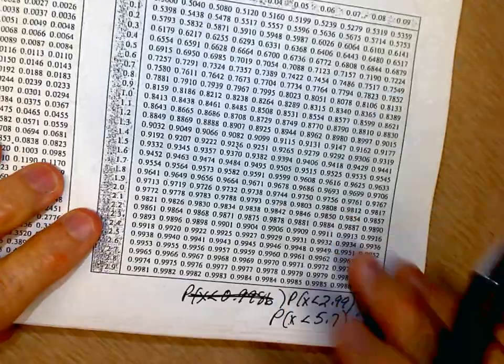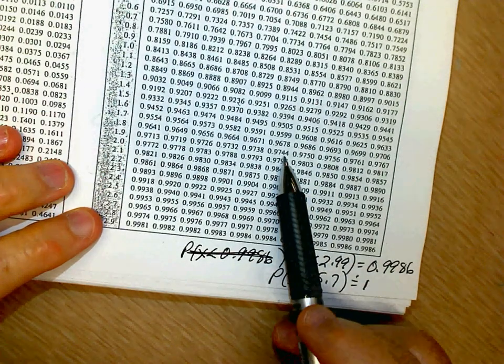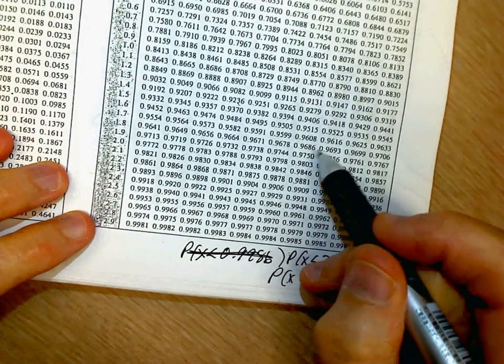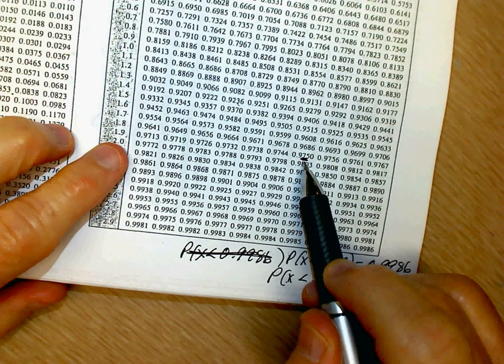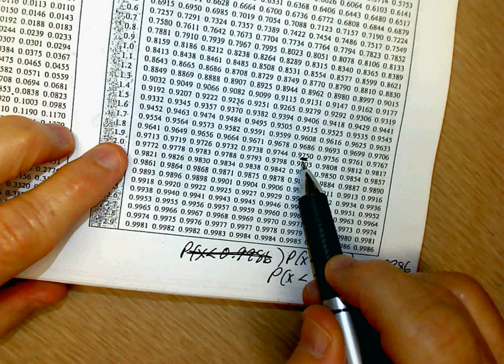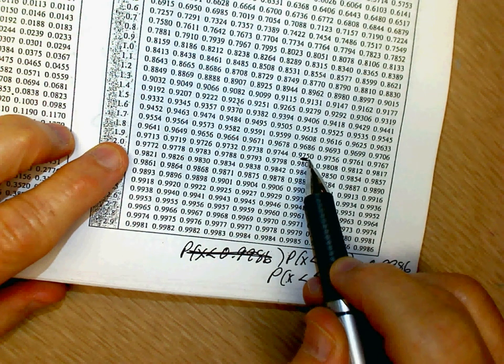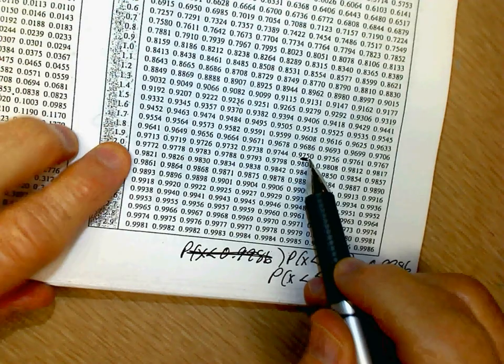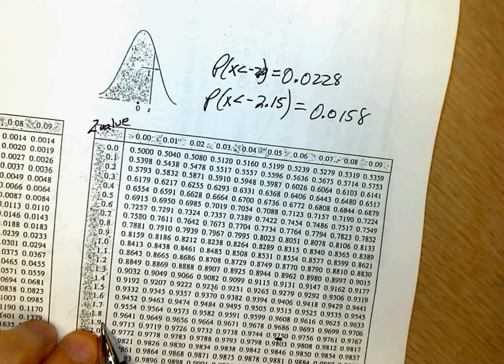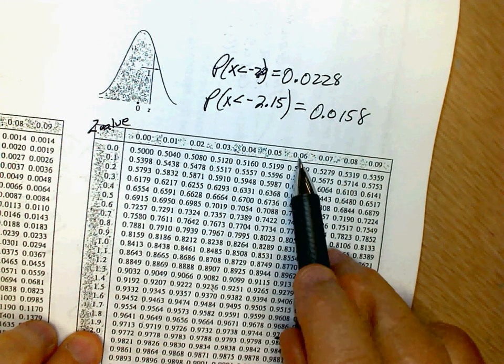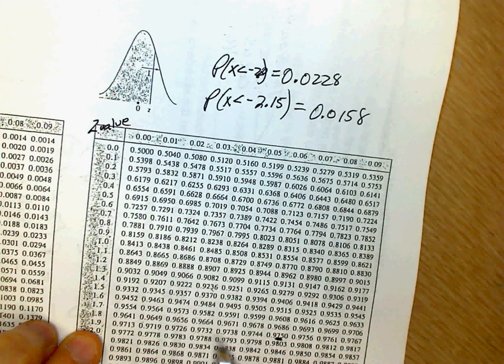We're going to pick the closest one, 0.975. Oh, there it is. There's 0.975. Can you tell me what the z-score is? Our z-score is 1.96. There's 0.975, so it's 1.96.